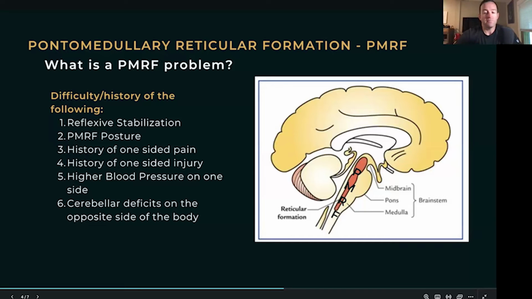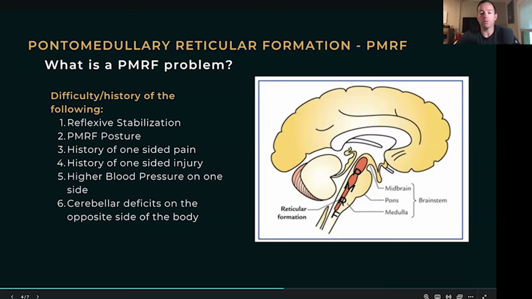So, if the PMRF is so important, how do you know if you have a PMRF problem? Well, the first thing, and this is usually the most common thing that I hear from people, is that you might experience a reflexive stabilization problem. So what does that mean?